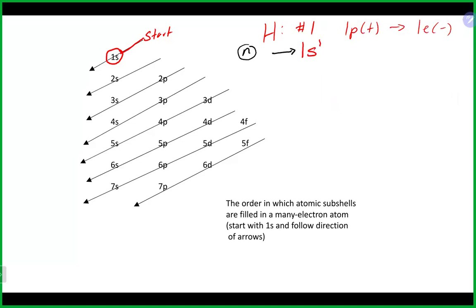So that first big 1 represents that we're on the first energy level. The s represents that my electron's hanging out in the s room, basically, or s orbital. And the 1 that's on top, which is a superscript, is the number of electrons in an orbital or subshell.